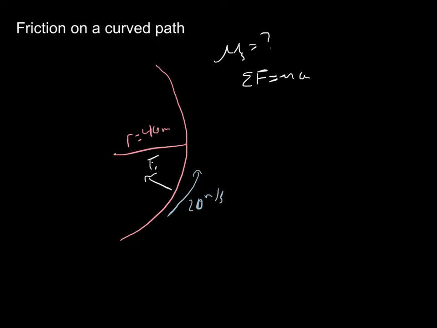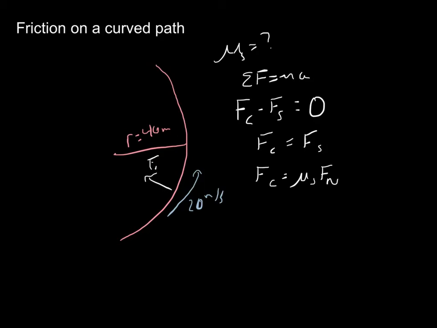Well, all of our forces, we have our centripetal force that's pushing it towards the center, and we have our friction opposing that, so in opposite directions. And in that direction, constantly towards the outside of the circle, there's no acceleration ideally, so that side of our equation is 0. So we know that our centripetal force has to be equal to our static friction. So centripetal force is coefficient of static friction times normal force.